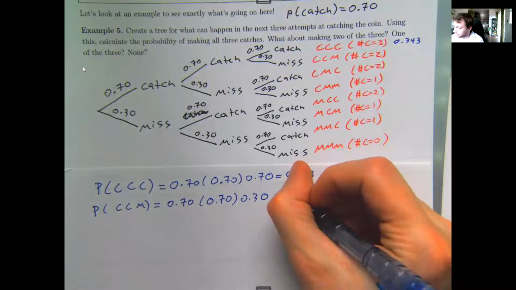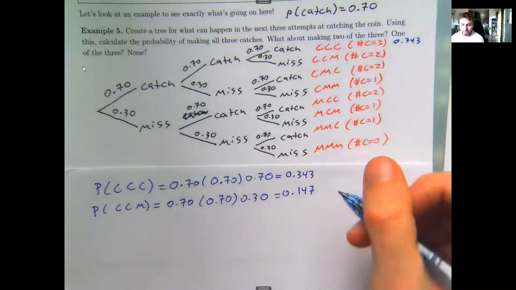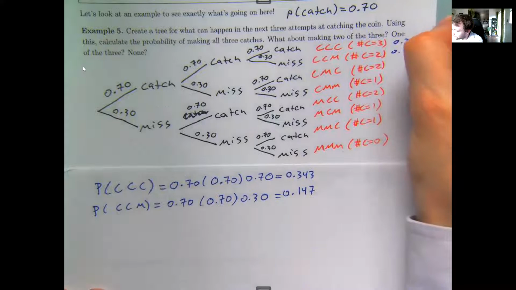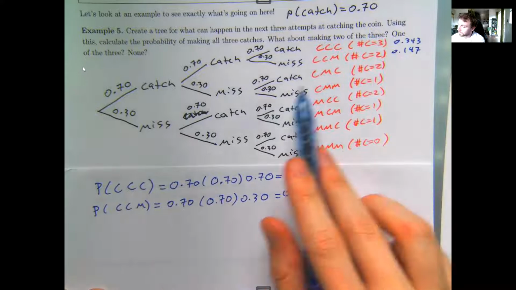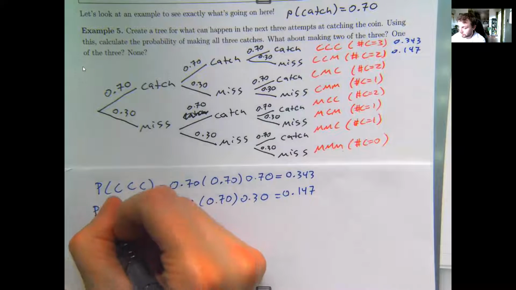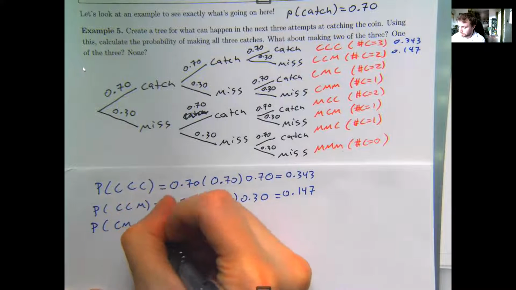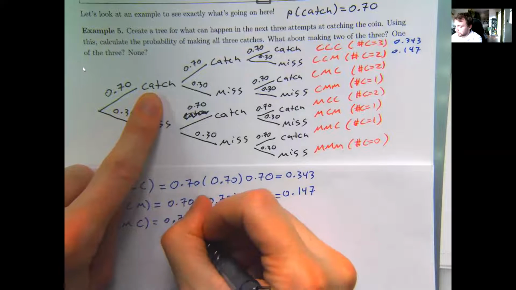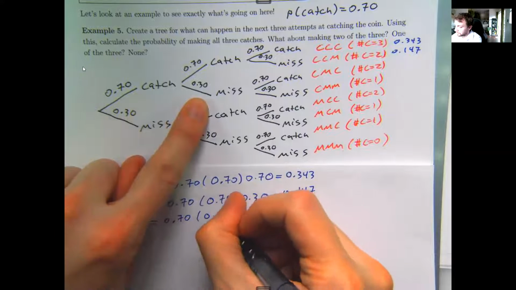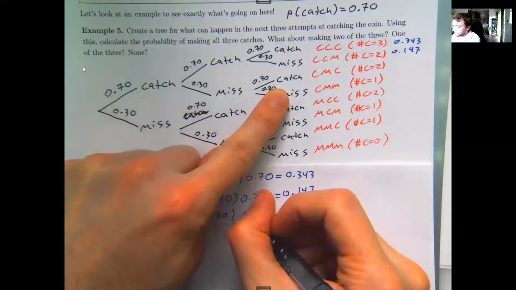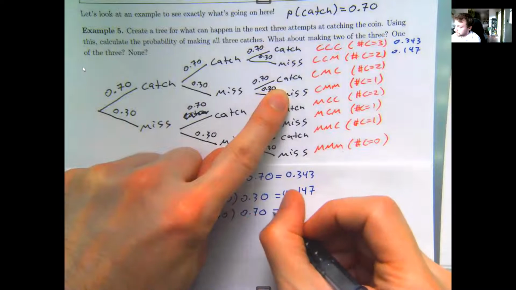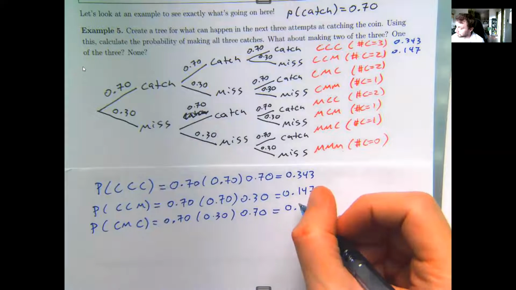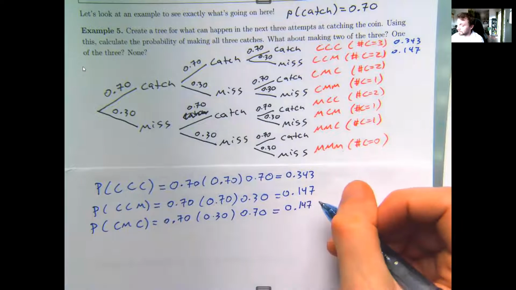Doing this gives me 14.7%. Next one, catch, miss, catch. 70 for the catch, 30 for the miss, 70 for the catch. When I type this into my calculator, I get 14.7% again.